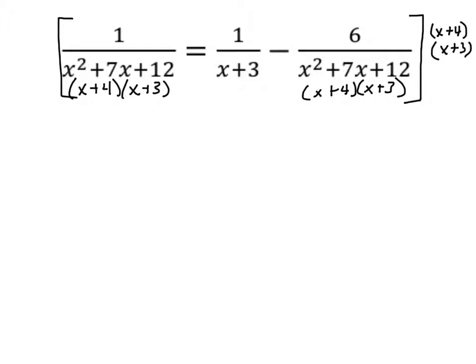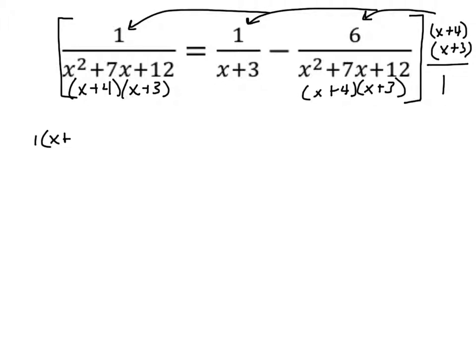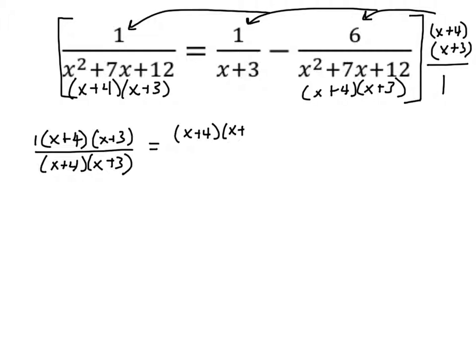Okay? And I'm going to distribute that. That's all going to be over 1. Distribute that to each part here. So, once I do that, the first fraction is going to be 1 times the quantity x plus 4 times x plus 3, all over x plus 4, x plus 3, equals, top part's going to be x plus 4, x plus 3, all over x plus 3.